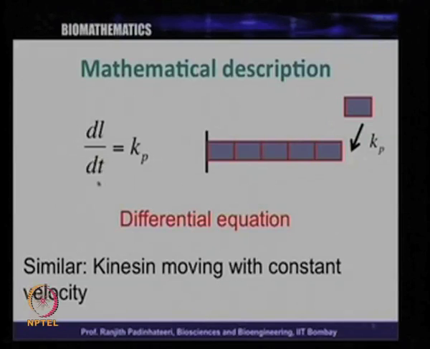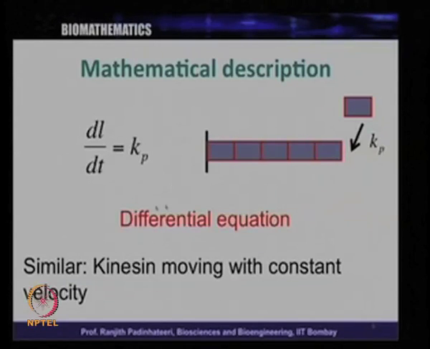So, when the time changes by dt, the length will change by an amount dl, and this happens with a rate Kp. That is what it means. The mathematical description of this phenomenon of polymerization with a rate Kp can be described by this equation, dl by dt equal to Kp. That means the change in length with time is Kp.